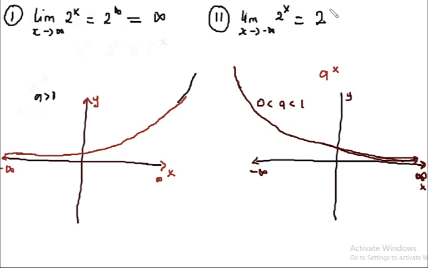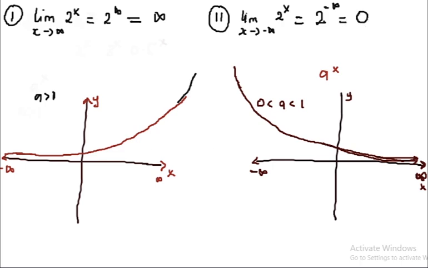This will be 2 to the power of negative infinity. If you notice, as x is approaching negative infinity, this function gets closer and closer to 0 for base values greater than 1. And notice the base number here is greater than 1. So this is equal to 0.